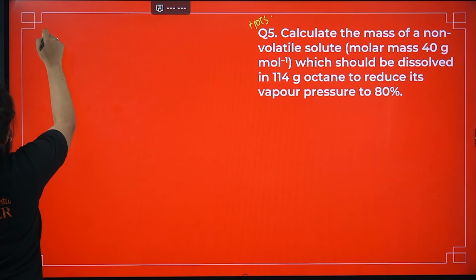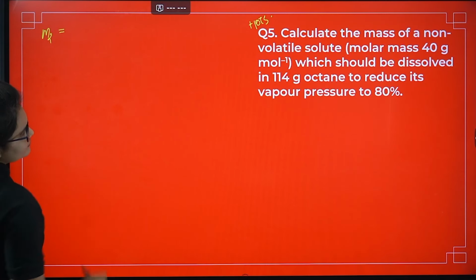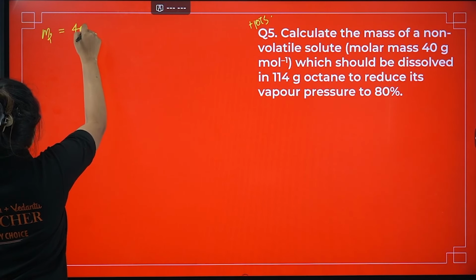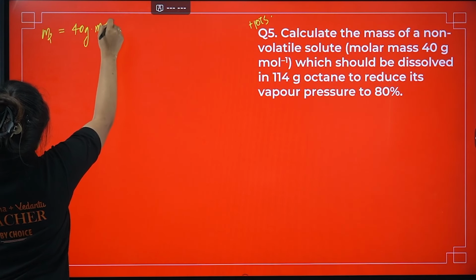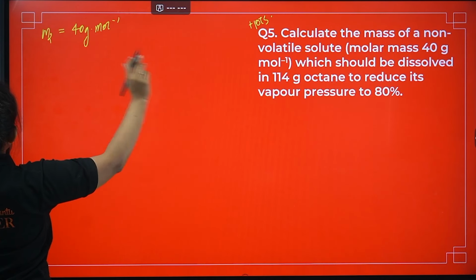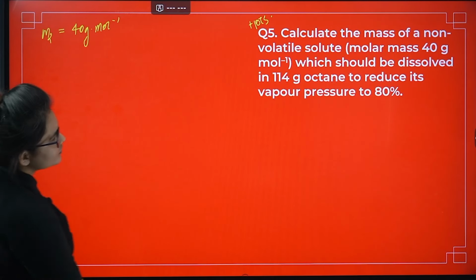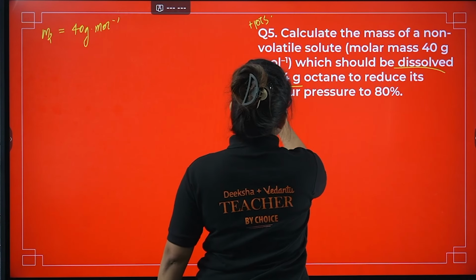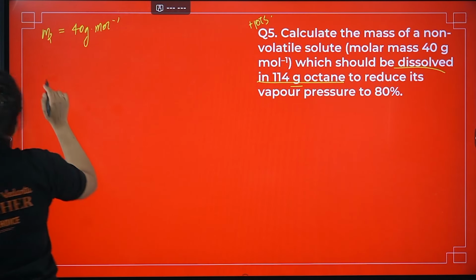Molar mass of the solute, M2, is 40 gram per mole. Next, octane is the solvent here, dissolved in 114 gram of octane.